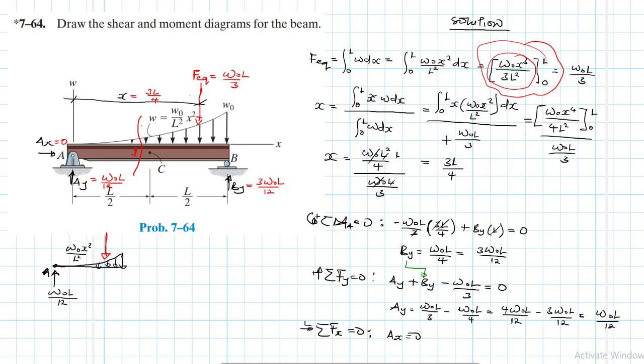So that becomes our equivalent force W naught x cubed divided by 3L squared.